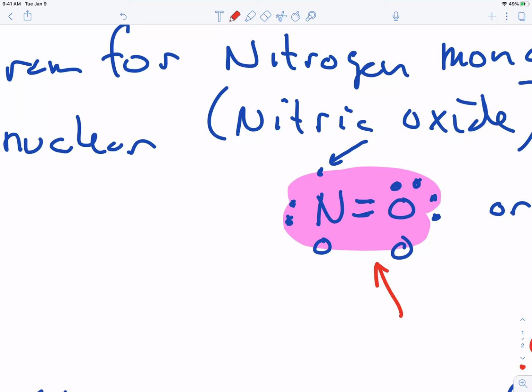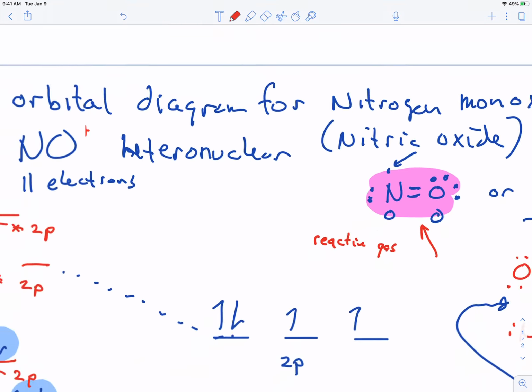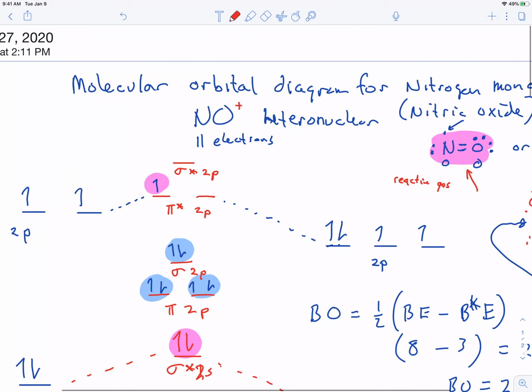In fact, this is a very reactive gas. It's poisonous, it's very reactive, and let's see what would happen if we gave away that electron to some other species that came along that oxidized it.